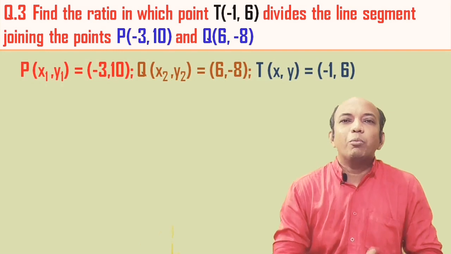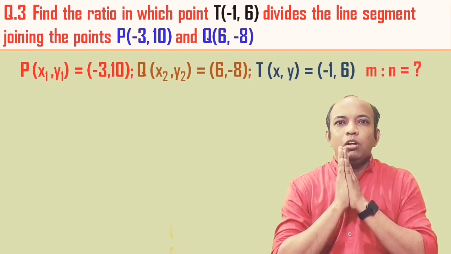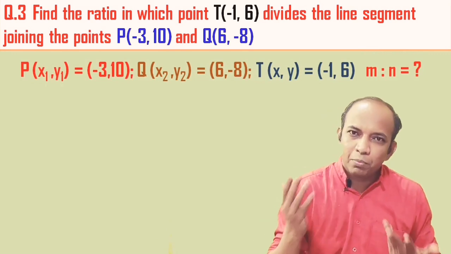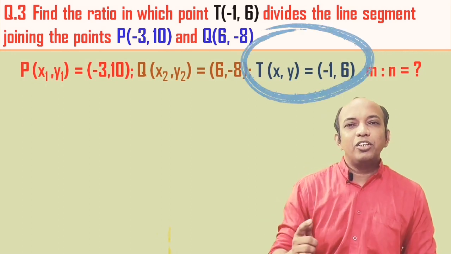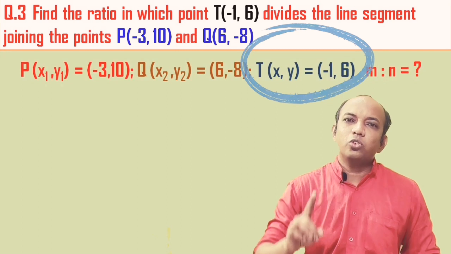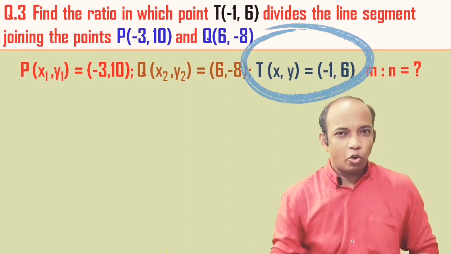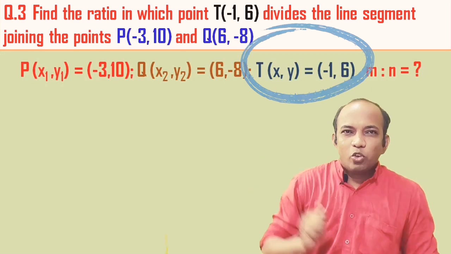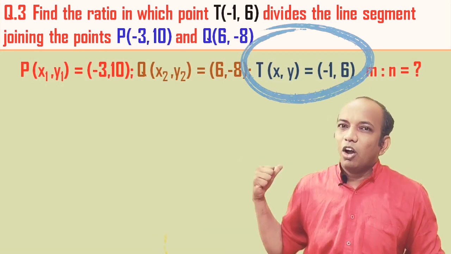Now by the section formula we will try to find the ratio. We can calculate the values of x and y both by the section formula, but here as we need to find the ratio, we will choose any one of them, either x or y. Which one do you feel is easier from the values of T, negative 1 or 6?